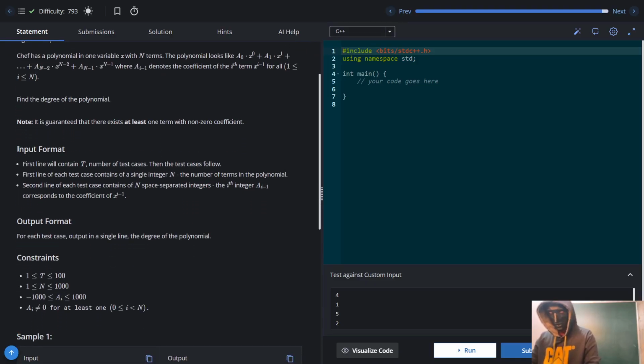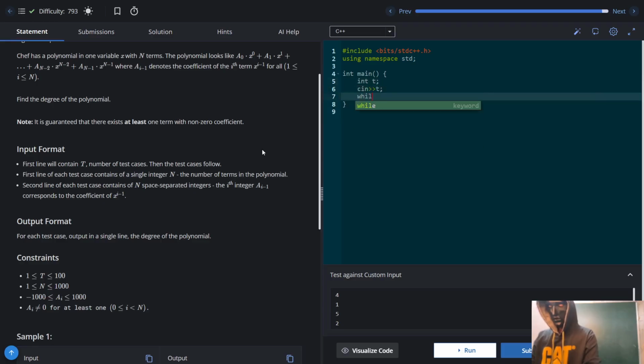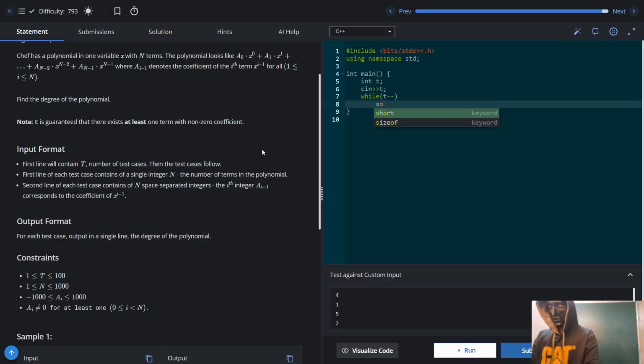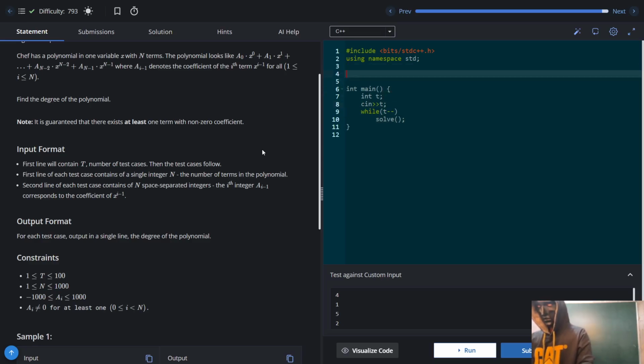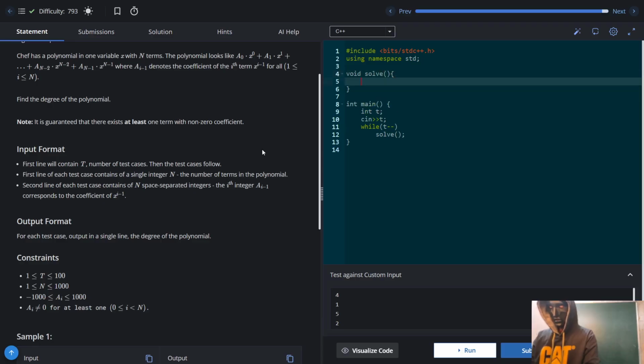So first let's take input, and then we will be dealing with the examples. So first line will contain t, the number of test cases, right? So we'll be dealing with the test cases. For every test case we'll call a function solve, and for every test case we have an integer n denoting the number of terms in the polynomial.